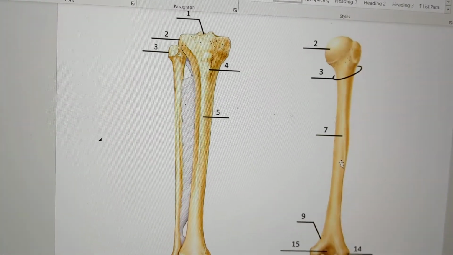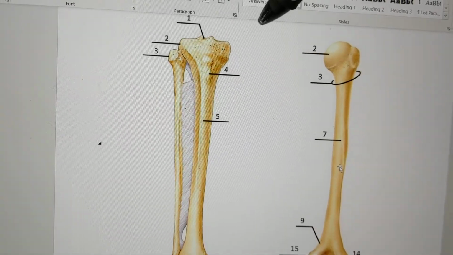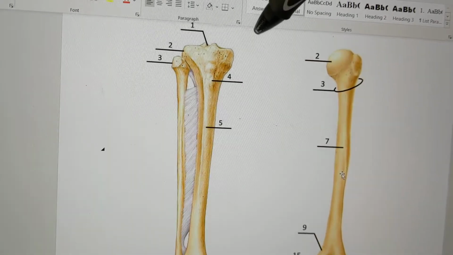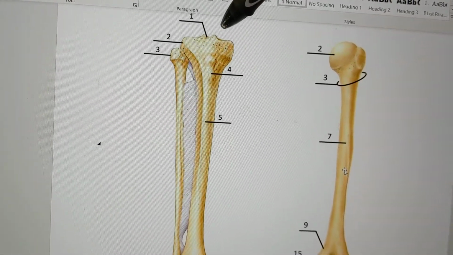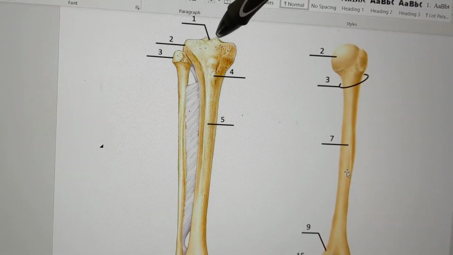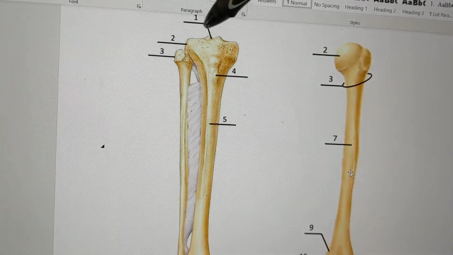All right, we'll start with the tib fib here. I don't know if they were just referring to the head or the intercondylar eminence, so we'll go with that for number 1.